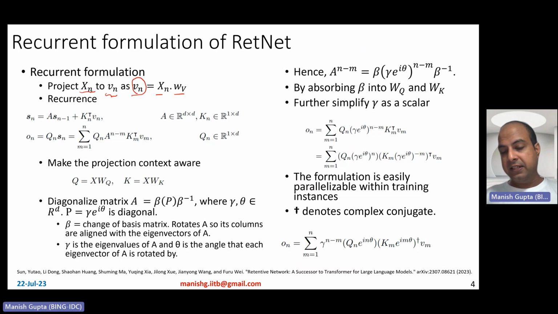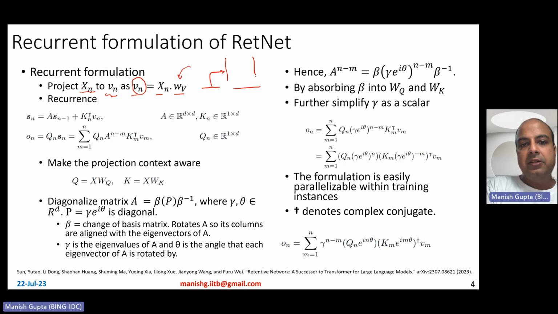So you have Xn, which is an embedding for a token, and you multiply it with some weight vector W. Let's say you take cosine similarity, and then Vn is that similarity number. So in some ways, Vn is a single number representation of your word Xn. Then you have multiple words coming in, so you process the previous word and then you have the next word. What you want to do is use the typical recurrent formulation.